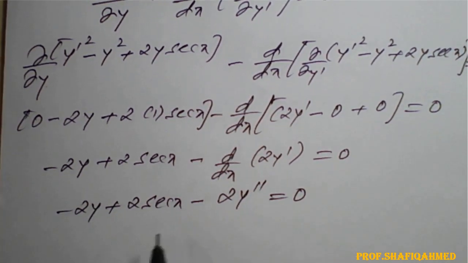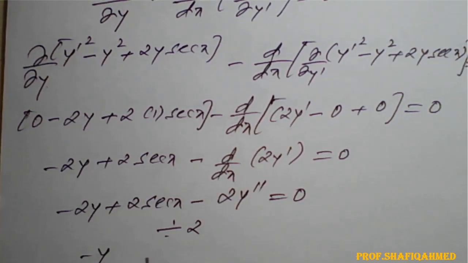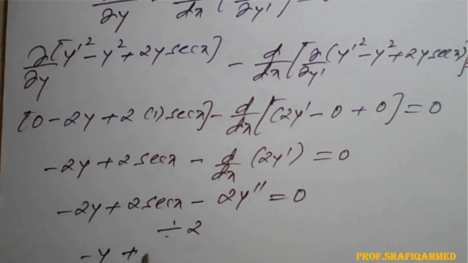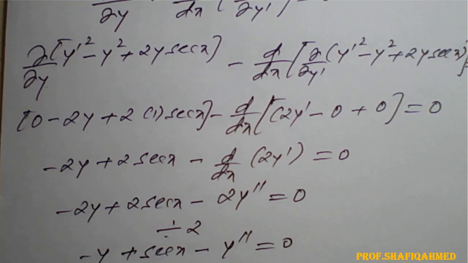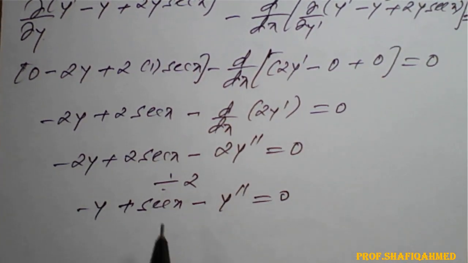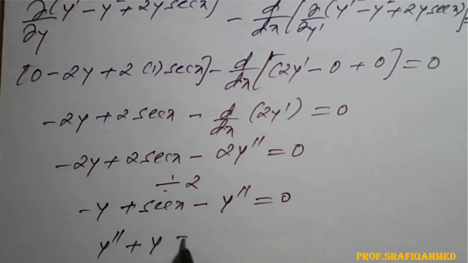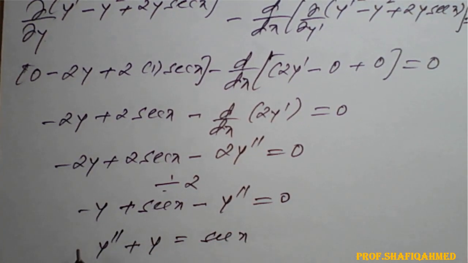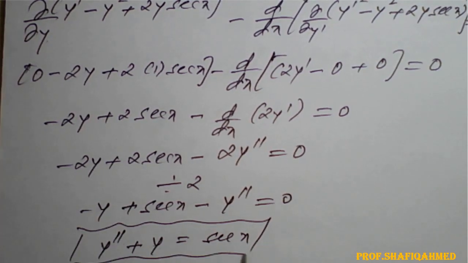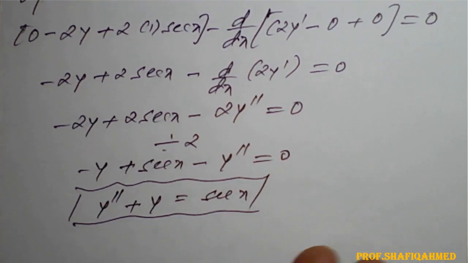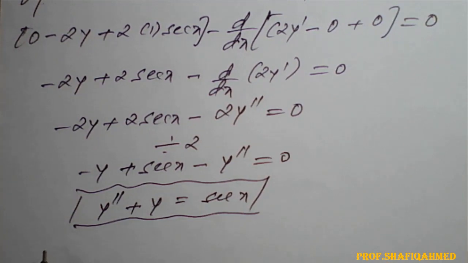Again on dividing by 2, we'll get minus y plus secant x minus y double dash equal to 0. On rearrangement, y double dash plus y equals secant of x. So we got a differential equation.